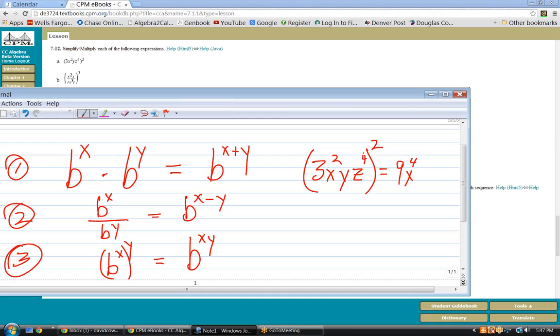What is the next term? y squared. We have to square the y term. Oh, okay. And then z to the what? 32. No, so all you have to do is multiply the 2 times the 4. Oh, 8. I was doing 4 times 4. Okay, now let's look at B.